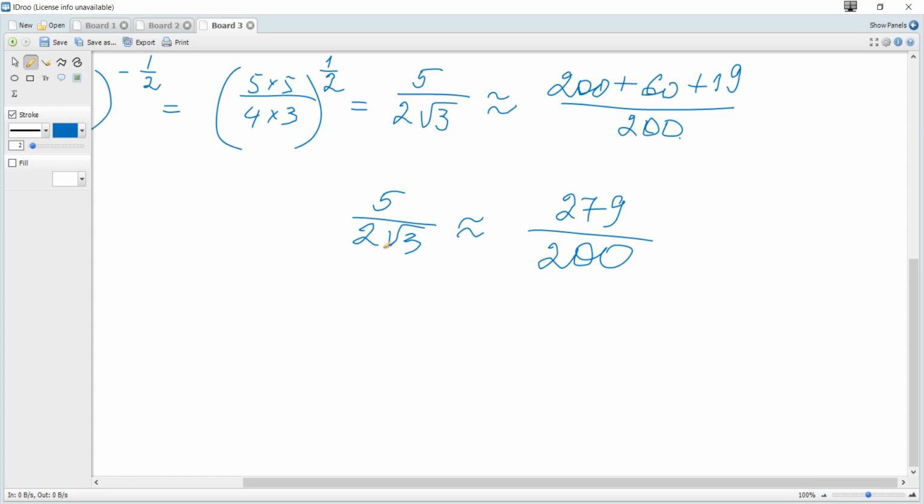We need to multiply by 2 and divide by 5, and we get 1 over root 3. So 1 over root 3 is approximately 279 times 2 over 200 times 5.